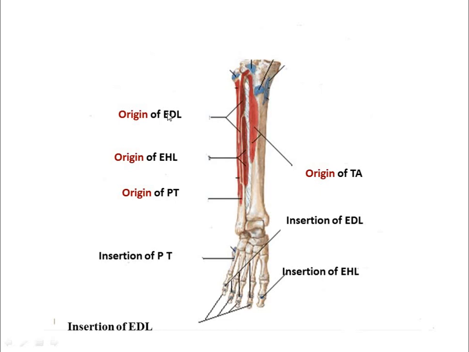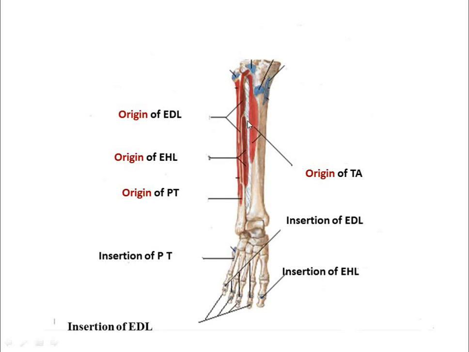The extensor digitorum longus, extensor hallucis longus, and peroneus tertius all arise from the medial surface of fibula in one line. Extensor digitorum longus, a big muscle, from the upper 1/4 of the medial surface of fibula and the adjacent lateral condyle.